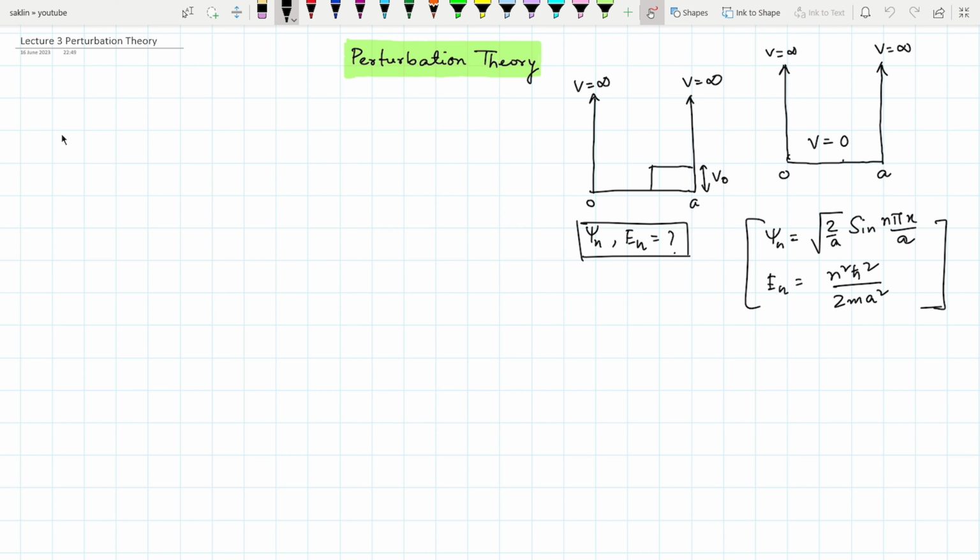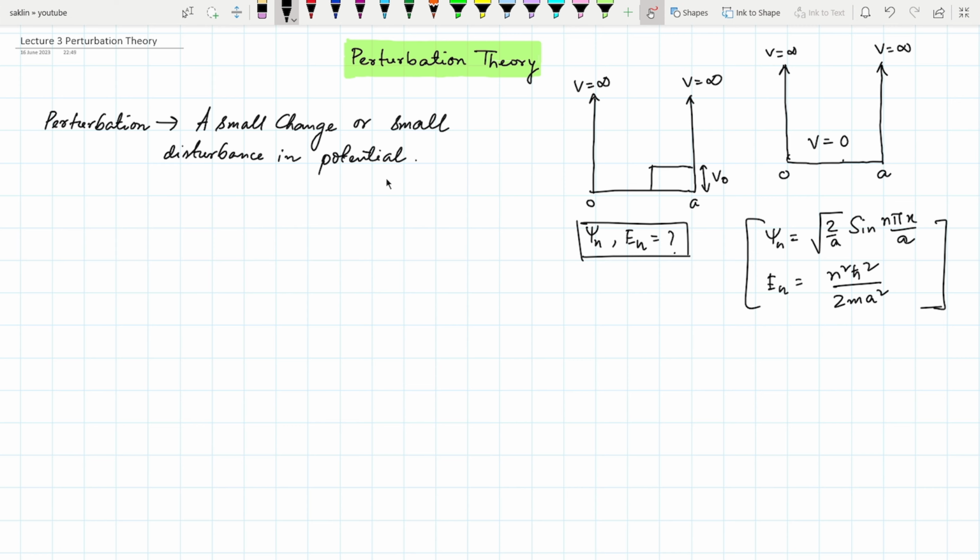Now perturbation is nothing but a small change or small disturbance in potential.